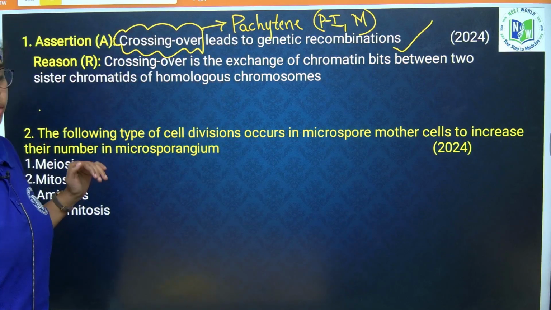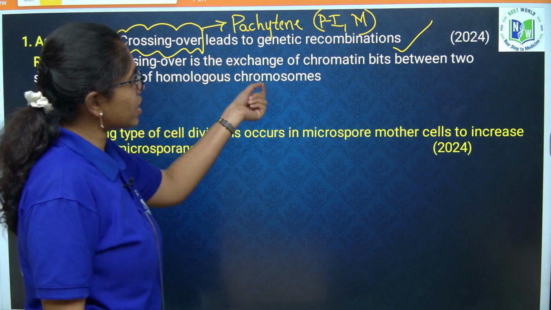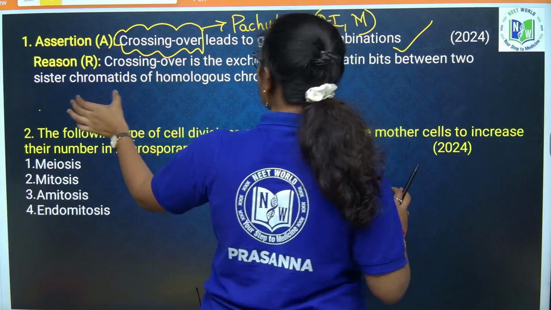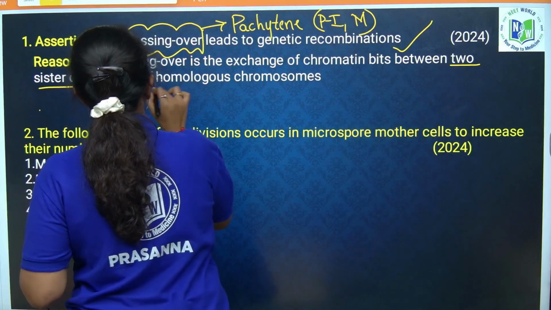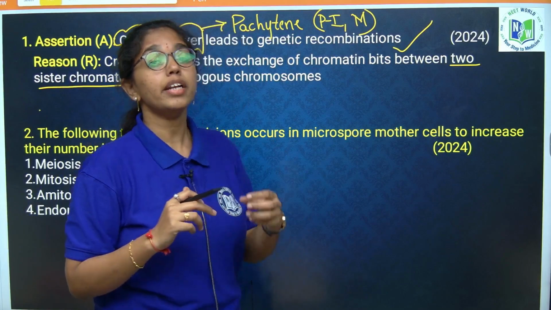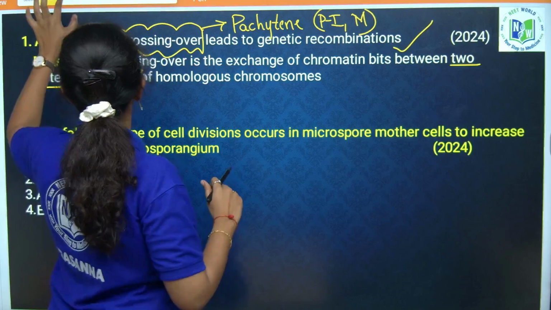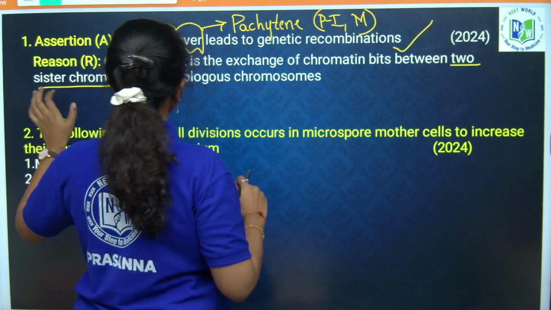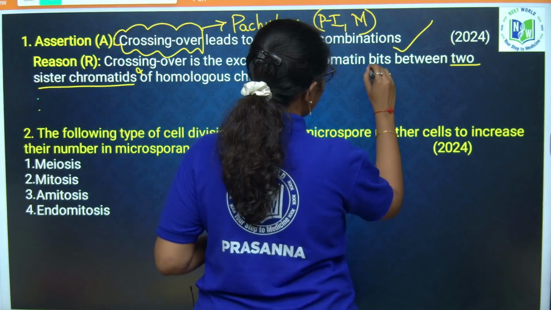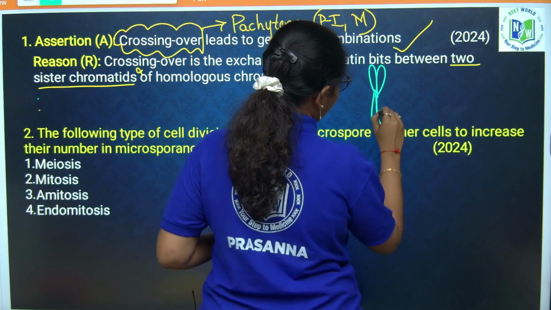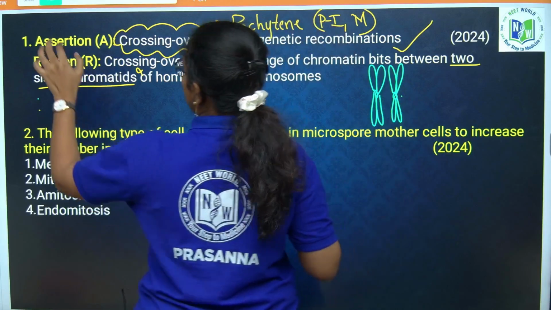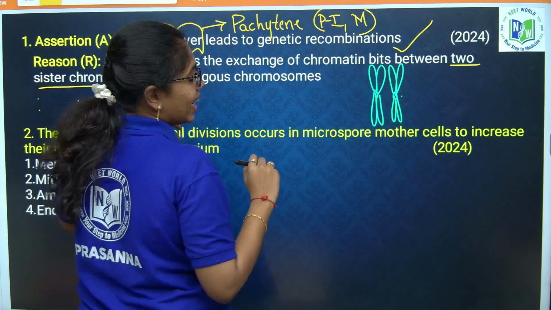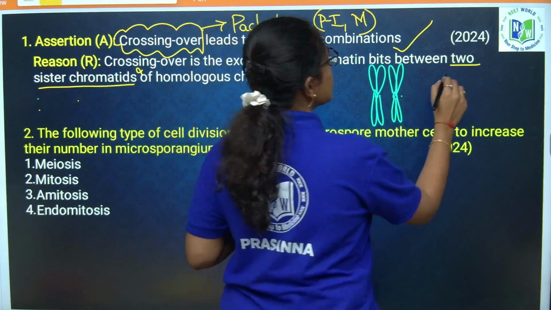In the reason, it says crossing over is the exchange of chromatin bits between two sister chromatids. He is saying this is wrong. Crossing over always takes place between two non-sister chromatids of homologous chromosomes. What is the difference between sister and non-sister chromatids? What does a homologous chromosome actually mean? See, in homologous chromosomes, let us assume a trait like skin color.